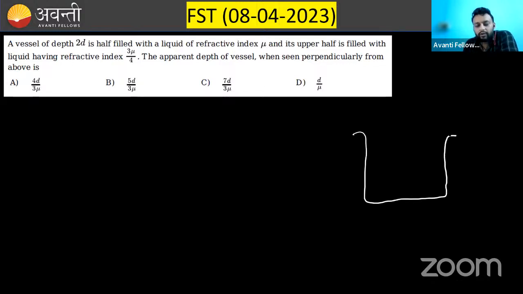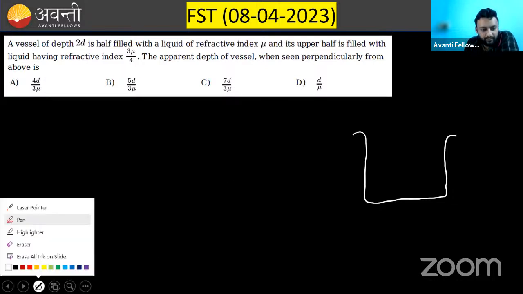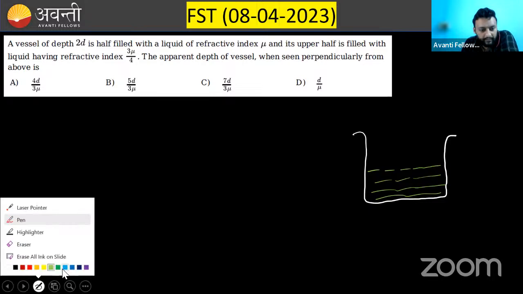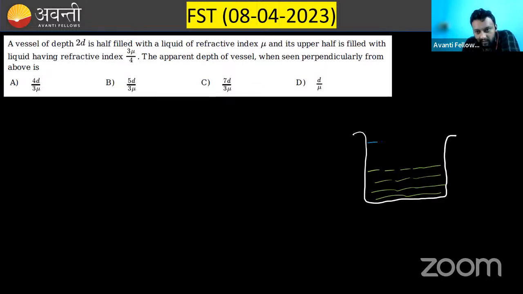It has a depth 2D. It is half filled with a liquid of refractive index mu, and its upper half is filled with a liquid of refractive index 3 mu by 4.